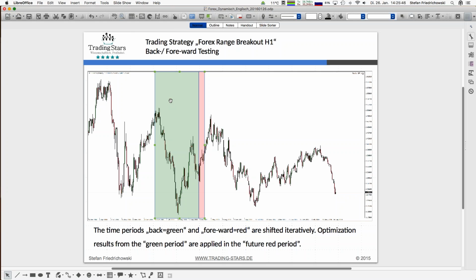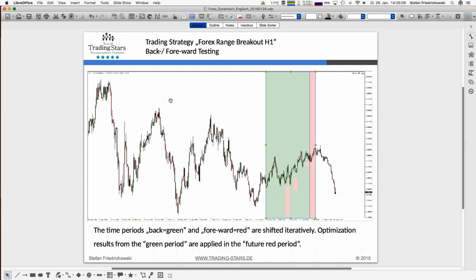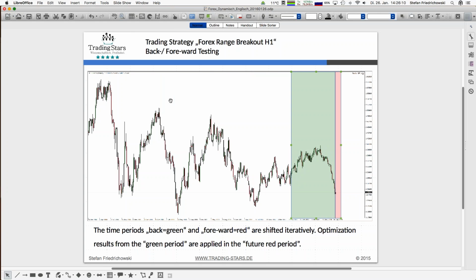This is quite innovative and very good because we know what would have happened if we had done the strategy already in the history. So it's not a normal backtest. It's always applying the results in the then following future. And finally, we are at the real present time, and we do the same in our live account.